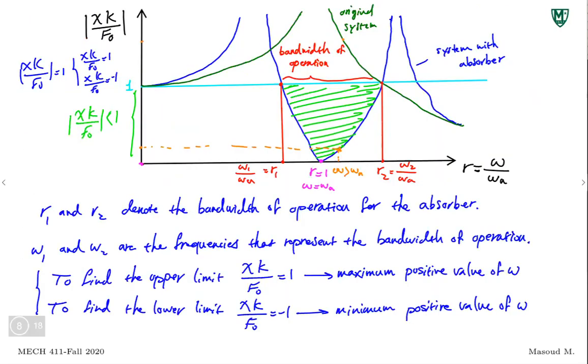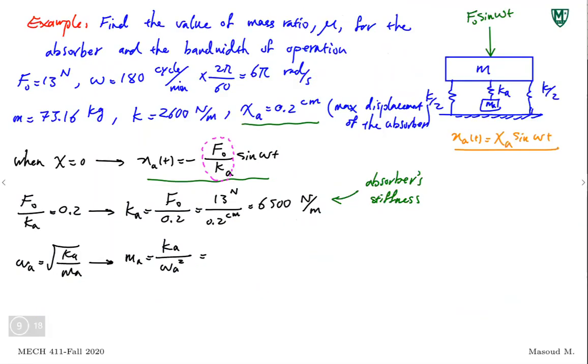R should be equal to 1. I'm designing the absorber to make sure that it absorbs the vibration for this given frequency. So this would be Ka, which I found, over omega A squared, where omega A would be omega. It should be that to be an effective absorber for this frequency.